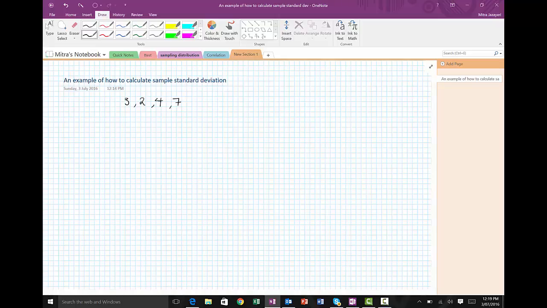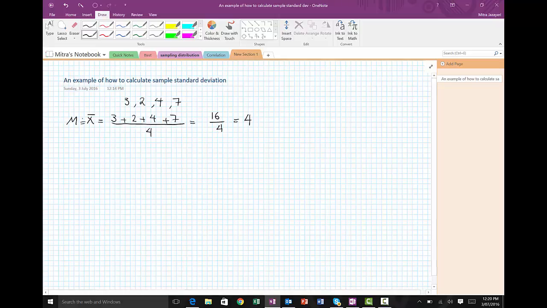So the sample mean, represented as x bar, is equal to 3 plus 2 plus 4 plus 7 divided by 4. That gives me 16, the sum of these, divided by 4, which is equal to 4. So this x bar, the sample mean, is equal to 4.